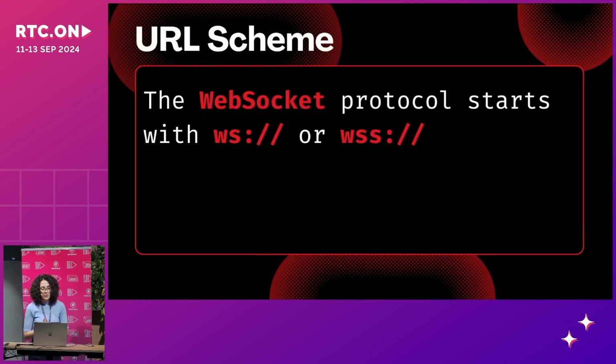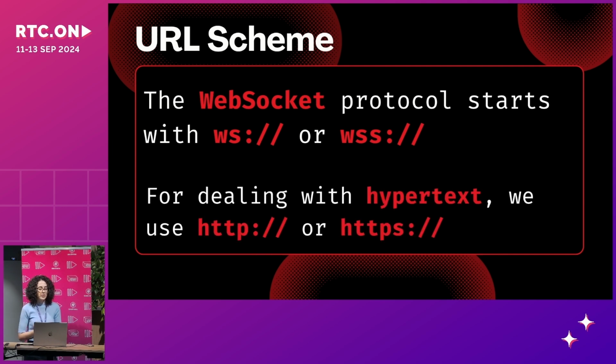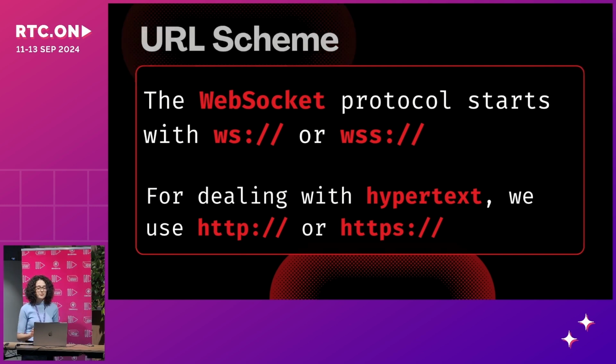The WebSocket protocol has its unique URL scheme, and this is WS for unencrypted connections or WSS for encrypted connections. And we all know that for dealing with hypertext, we use HTTP or HTTPS.